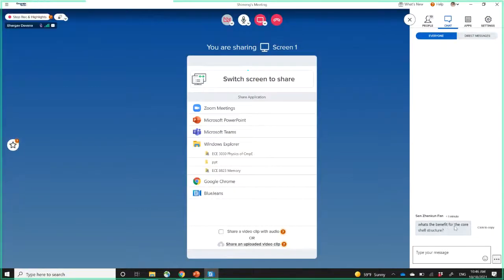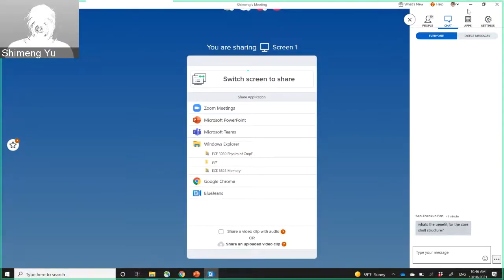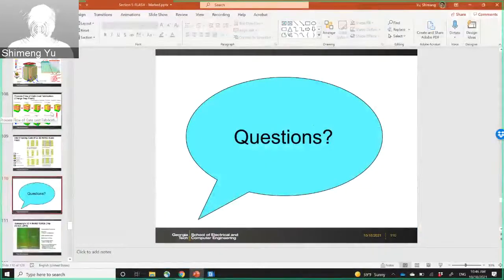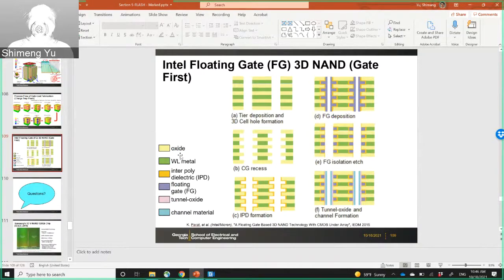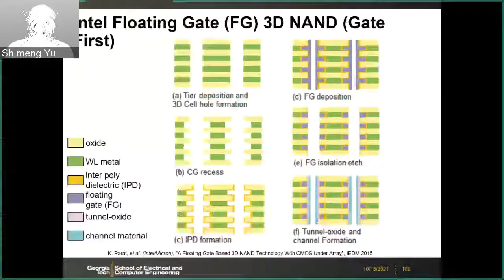What is the benefit of the core shell structure? I think you want the channel to be fully depleted in the vertical string. Therefore, you have to use the core to make the channel very thin. Because in the vertical NAND flash, as we discussed, the feature size actually is relaxed, for example, the diameter may be 100 nanometers. If the 100 nanometers is filled with polysilicon, then you cannot make the polysilicon fully depleted.